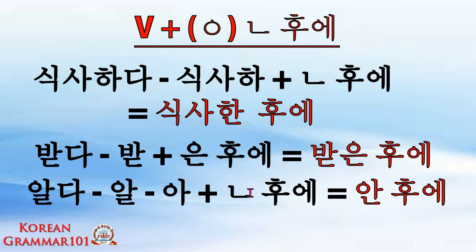So again, this un, niyon, we will put this one as a pachim to our a. So it becomes an huye. That means after knowing. Okay, so I hope this example can give you an idea already on how to transform or conjugate your verb into un or niyon huye.